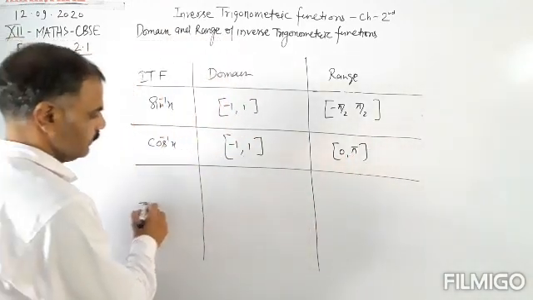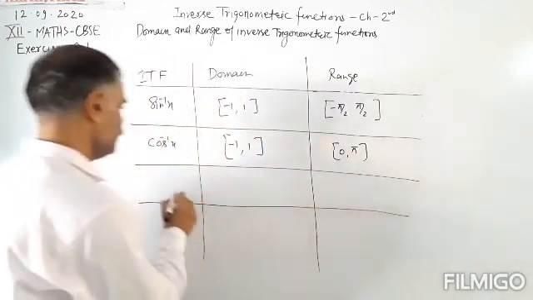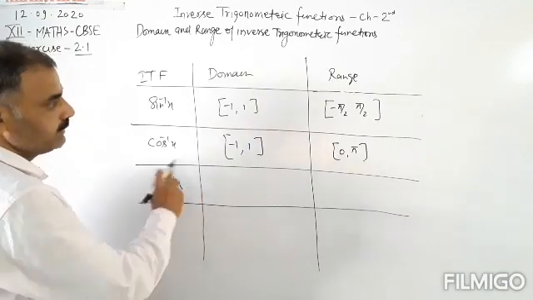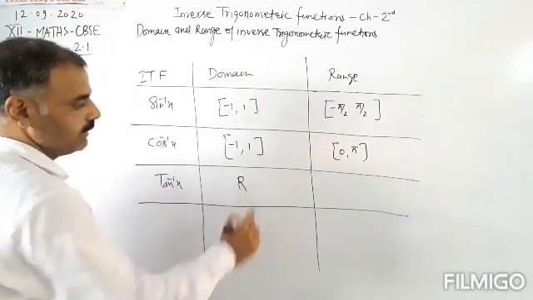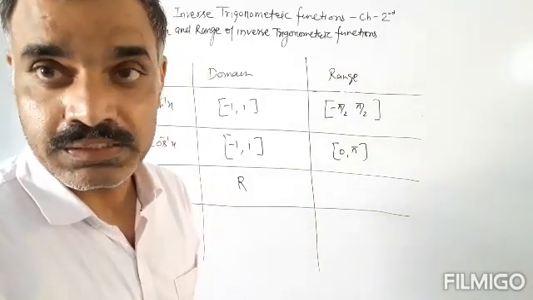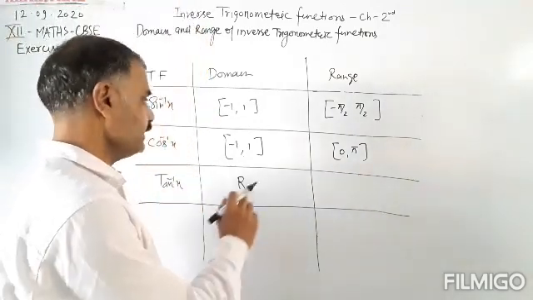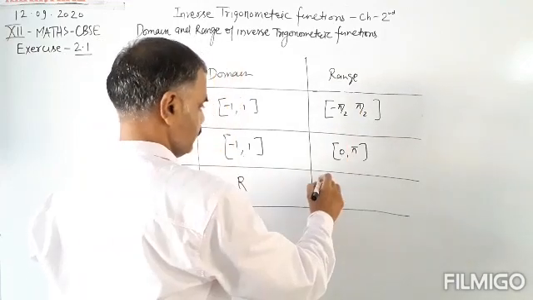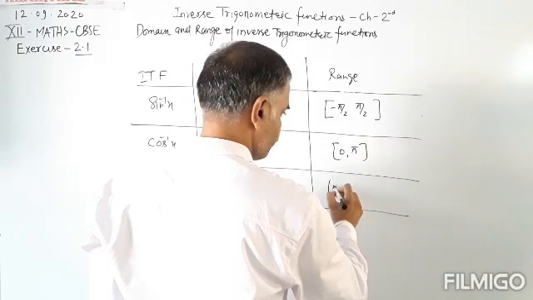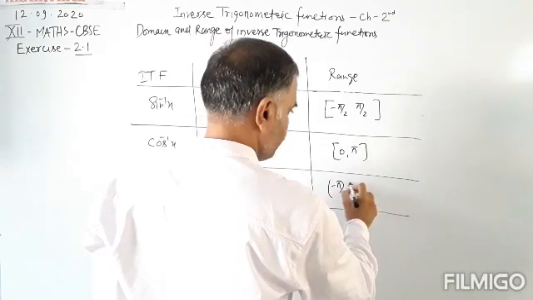Then the domain and range of tan inverse x: its domain is the set of real numbers R, and its range is the open interval minus pi by 2 to pi by 2.